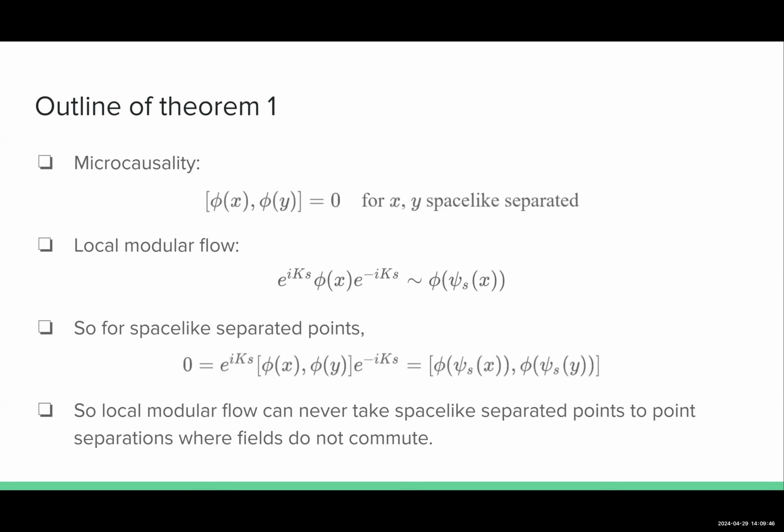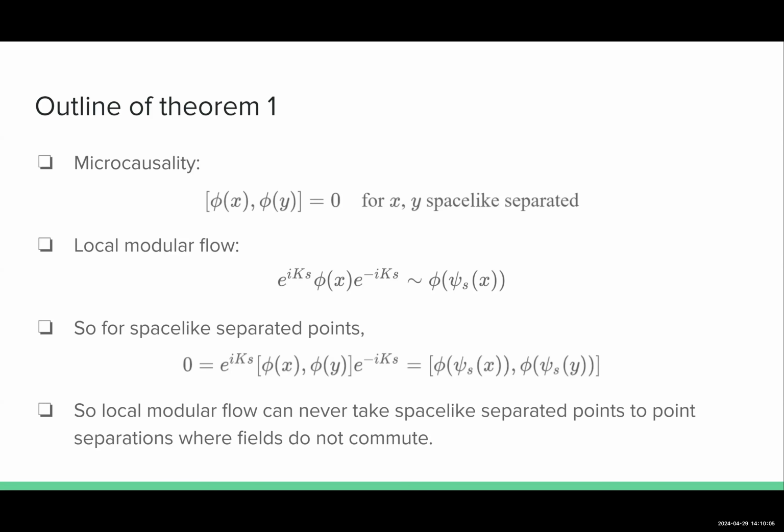You start with microcausality. And in fact, microcausality is the key player in both of these proofs. I'm going to write everything for a single scalar field for simplicity, although you can formulate this for arbitrary theories. I'm going to start with the assumption that I have a scalar field and that at space-like separated points, it commutes with itself.